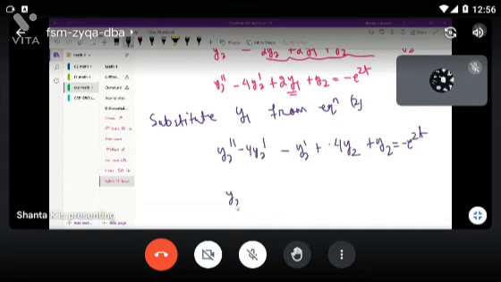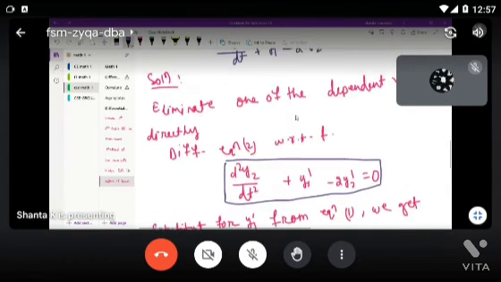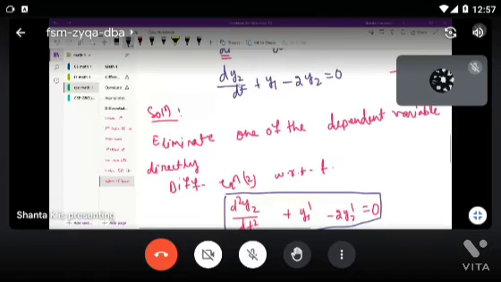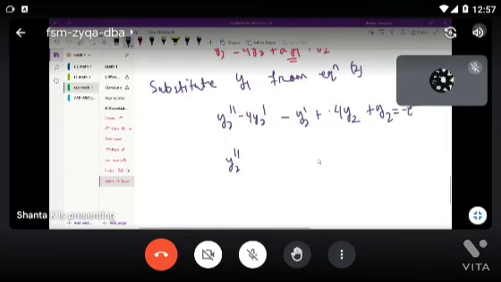So now with a little simplification, y1 equals minus y2 dash plus 2y2. Minus y2 dash plus 2y2, so there is a 2 also.